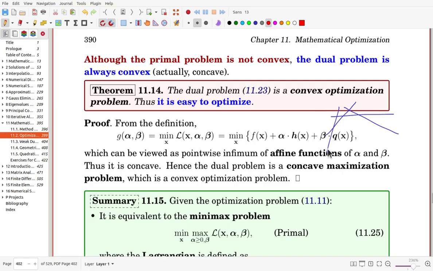That is the minimum. The red curve is a concave curve. So that's the idea of the theorem. Once you consider the dual problem, then it is concave, so it's much easier to solve.